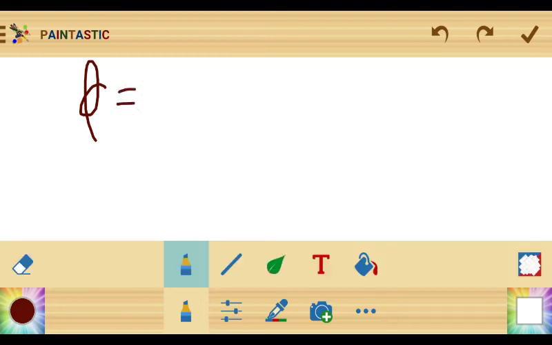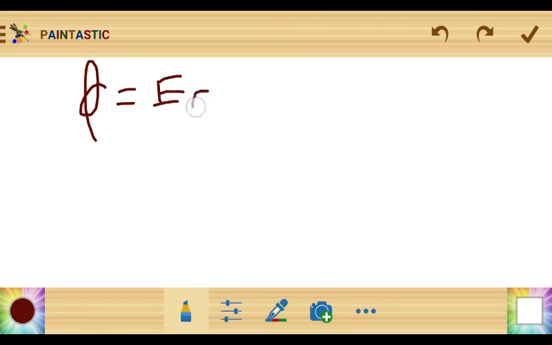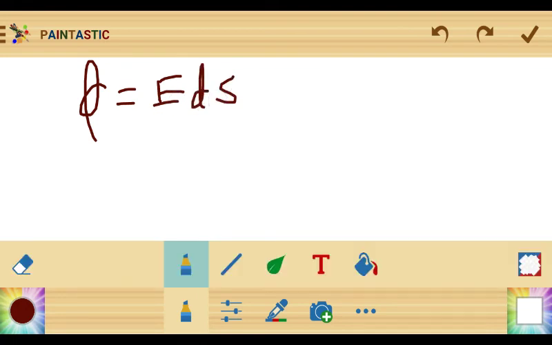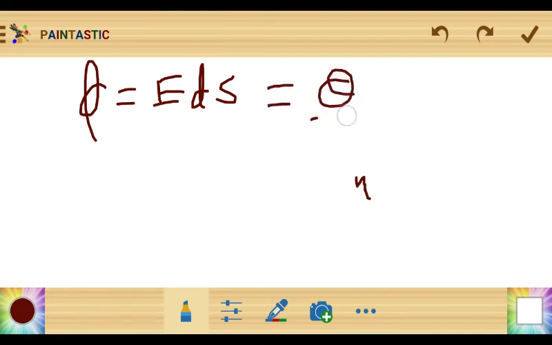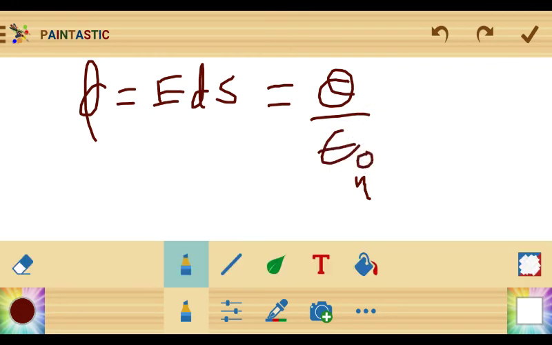From the flux definition, it is simply E ds, due to the inside cylinder A, and we have done the electrical field for the cylinder, and this is equal to Q upon epsilon 0 by Gauss.